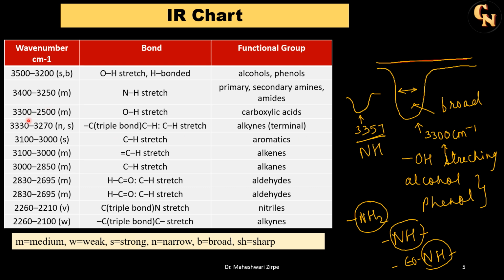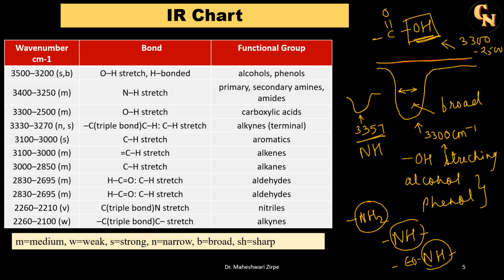Similarly, next is 3300 to 2500 centimeter inverse. Now again it is medium. It is showing OH stretching for carboxylic acids. So carboxylic acid OH, that is this one, C double bond O, OH. So in this carboxylic acid there is again an OH group, and it will show the signal between 3300 to 2500 centimeter inverse.